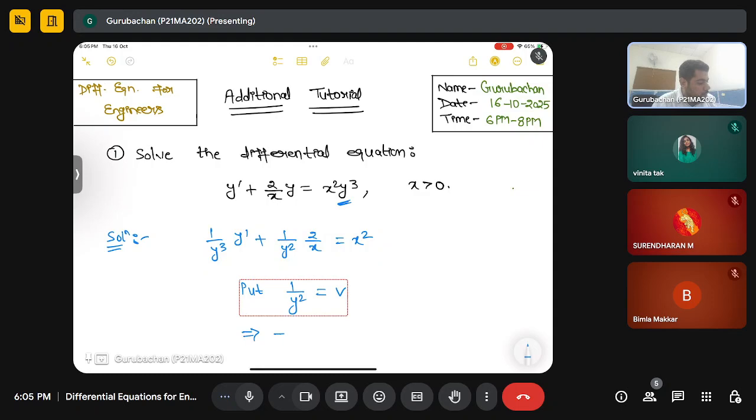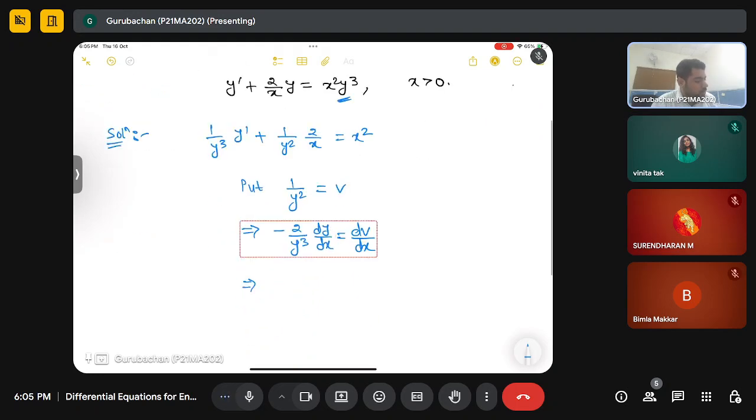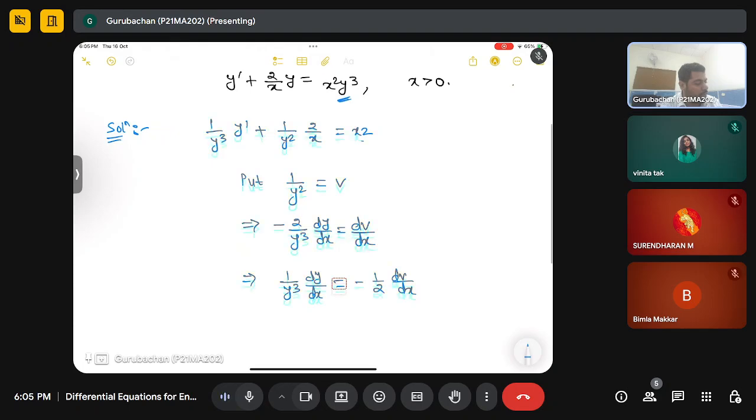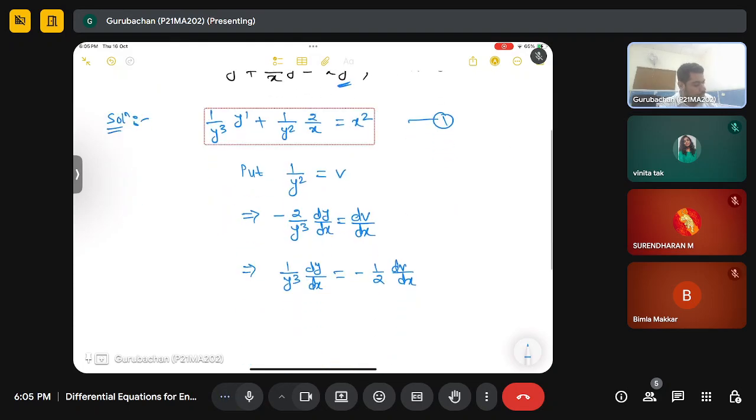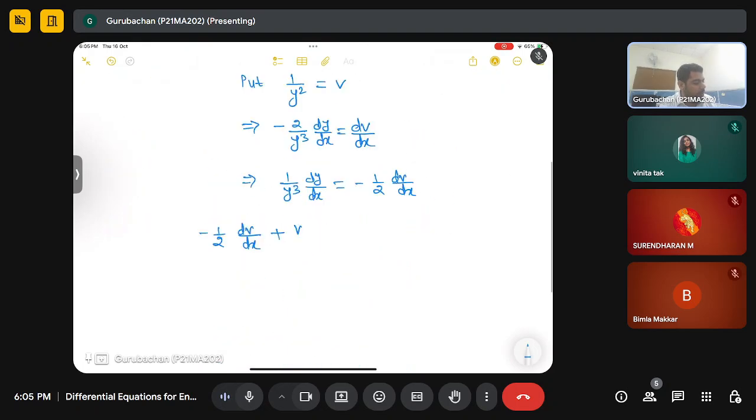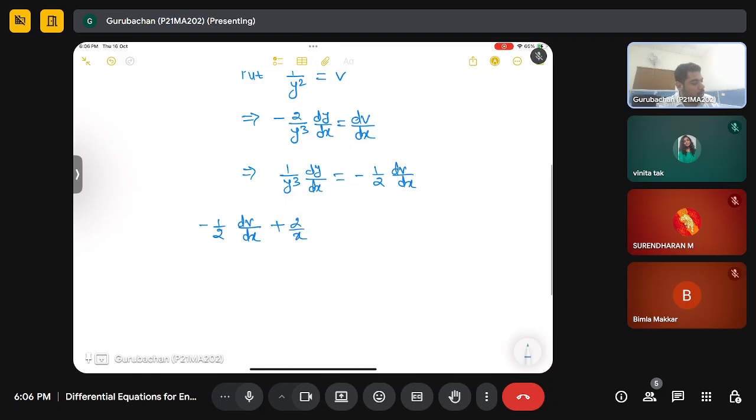This will give us -2/y^3 dy/dx = dv/dx, so (1/y^3) dy/dx will be nothing but -(1/2) dv/dx. Substituting this value in equation number 1, we get -(1/2) dv/dx + v times 2/x is equal to x^2.